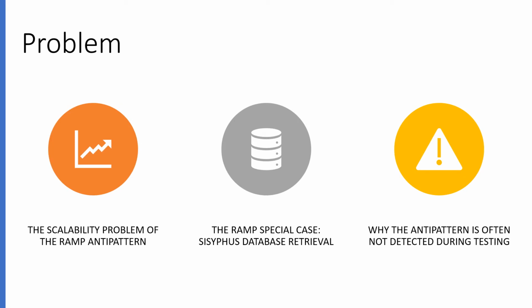The ramp is a scalability problem which occurs when processing time increases as the system scales. For example, if the response time for a user request increases over time, this phenomenon is known as the ramp anti-pattern. The Sisyphus database retrieval anti-pattern is a special case of the ramp.